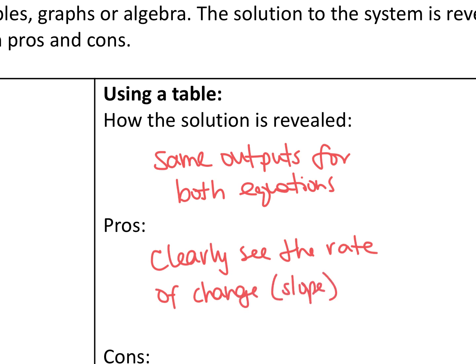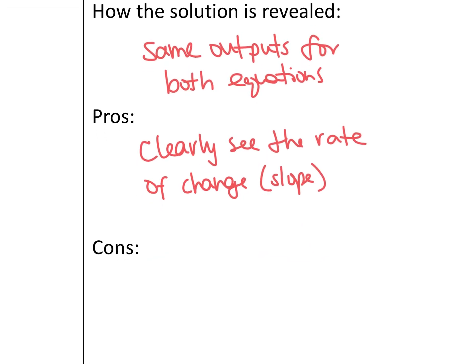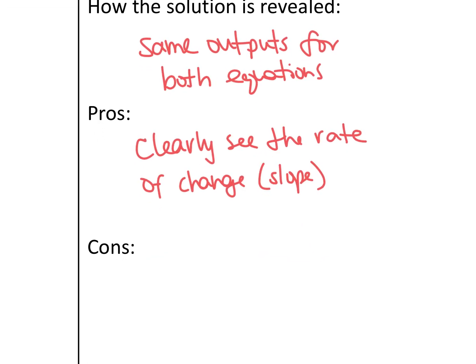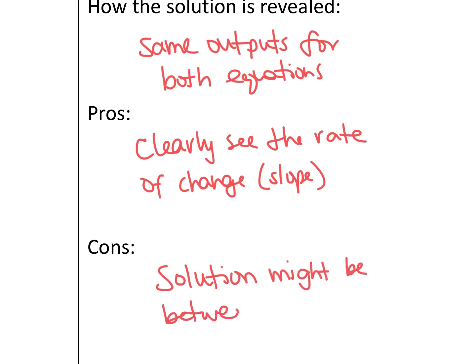A con could be that the solution, again, might not be at a nice location and might be between two values. So that could be an issue.